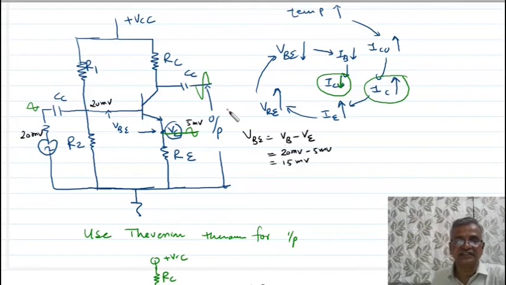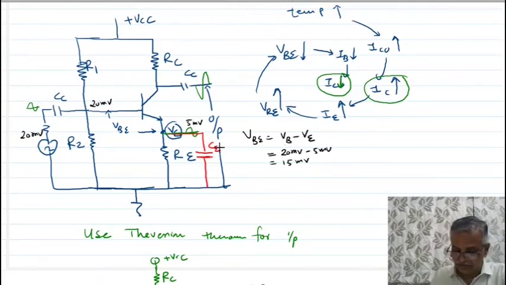What is gain? Gain is output over input. As output decreases, the gain decreases. So you can say that due to RE, the gain decreases. To avoid this loss of gain, we connect one capacitor parallel to the RE.